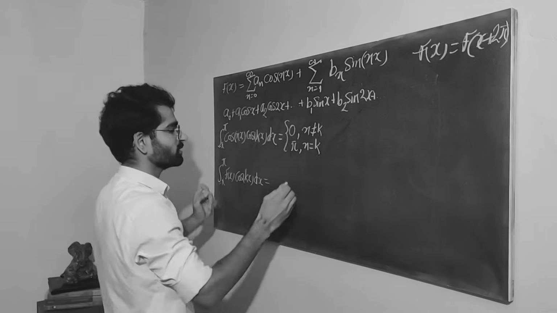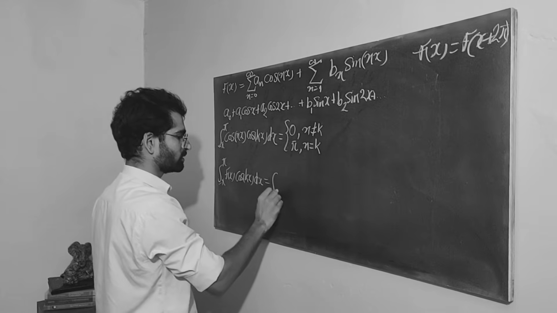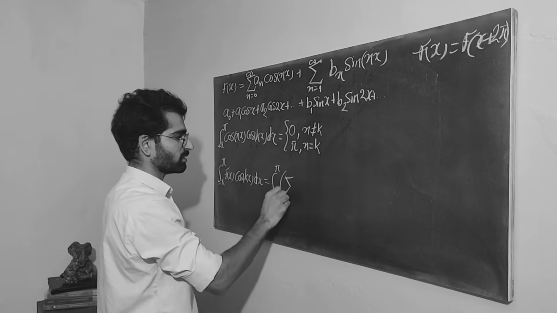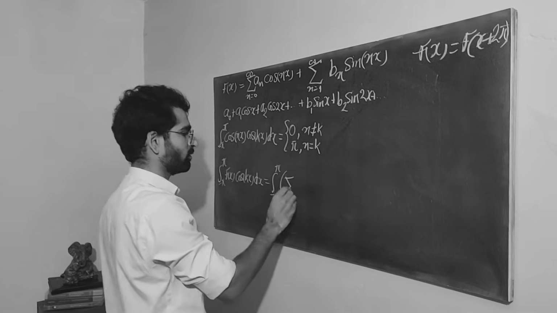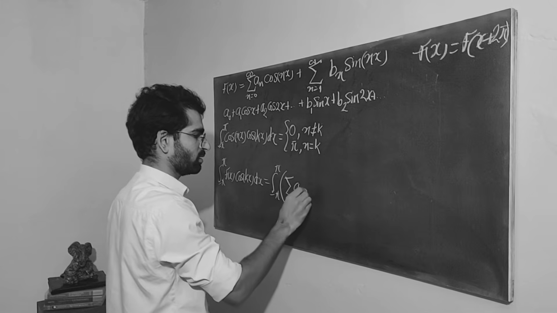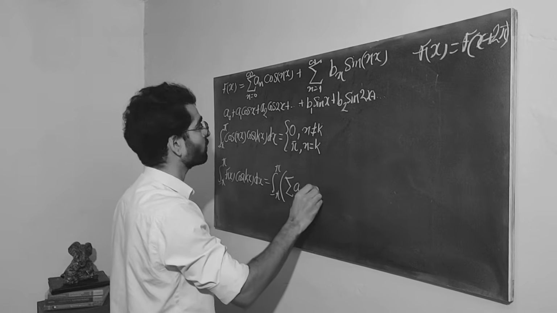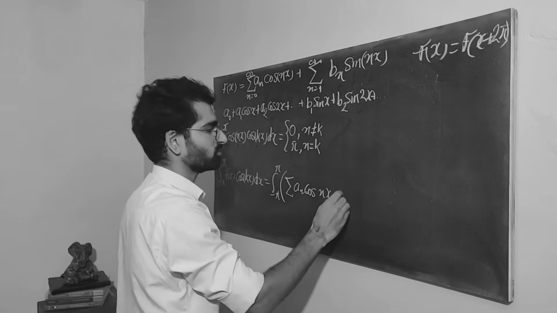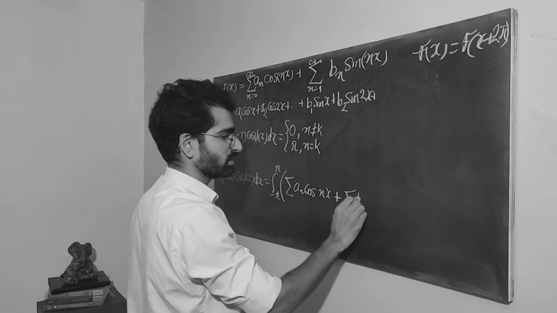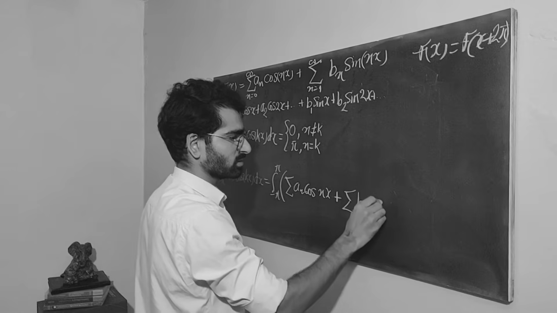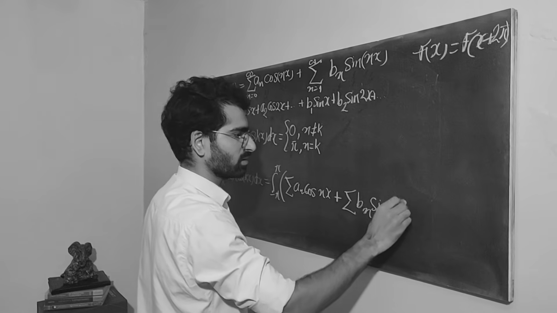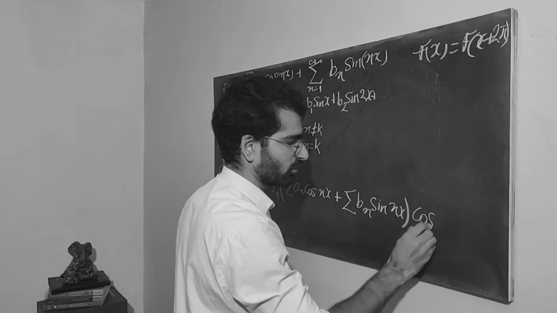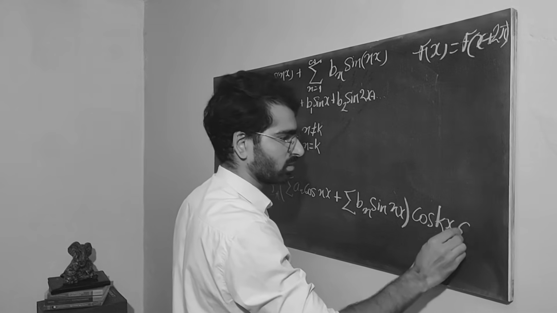So I take this summation, from minus pi to pi, the summation over cosine waves, an times cosine of nx plus, now this one, summation over sine waves, bn times sine of nx, and now I have to multiply with cosine of kx dx.